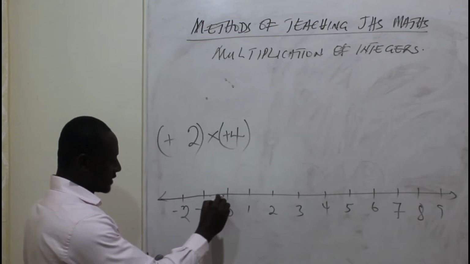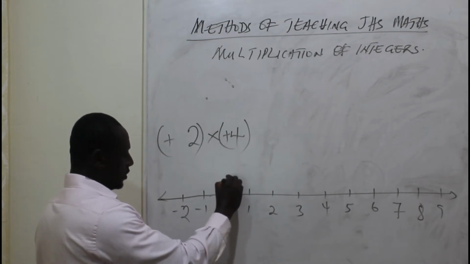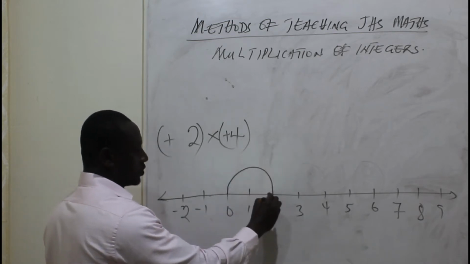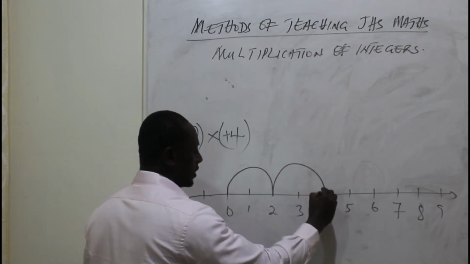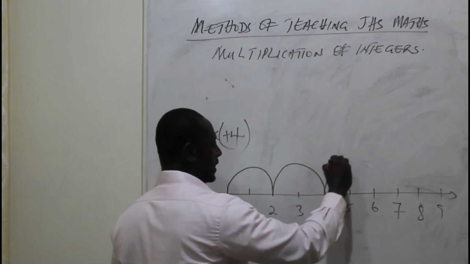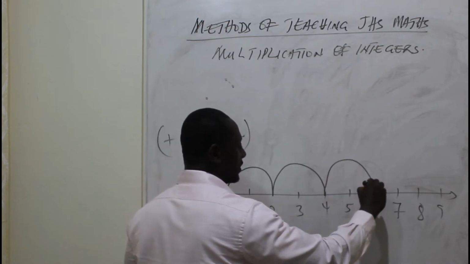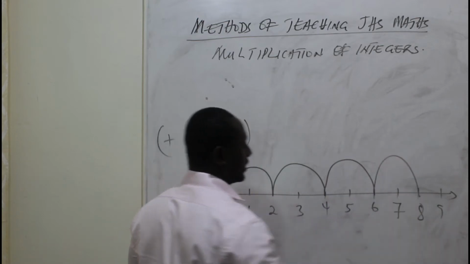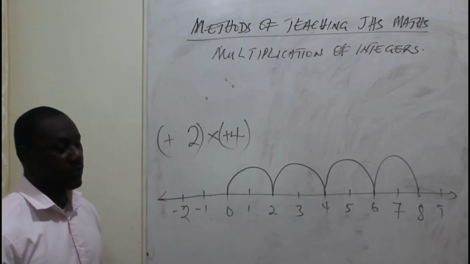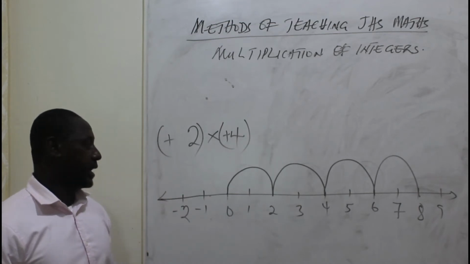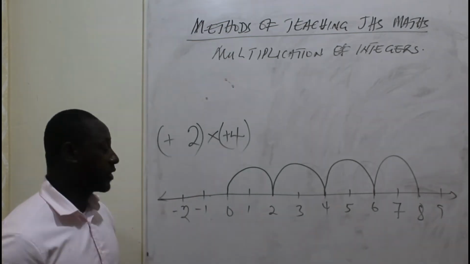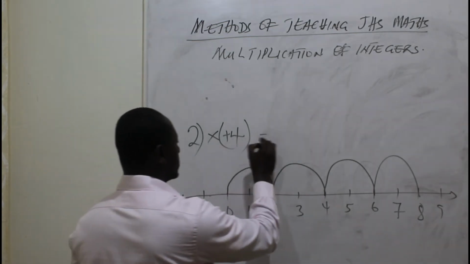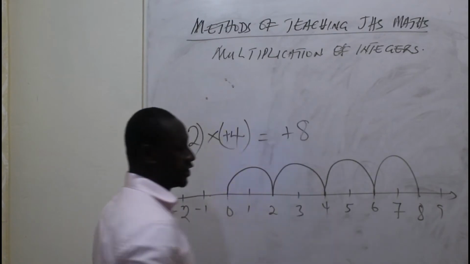So we start from the 0 here, and we jump 2. The next jump 2 steps again. The next jump 2 steps again, until we get to the 4th jump. And where are we landing? We are landing on the 8. And this is telling us that if I have positive 2 and I multiply by positive 4, it is going to give me positive 8.